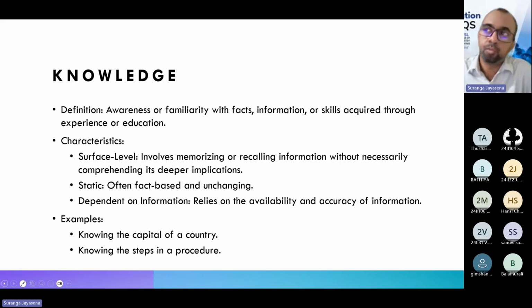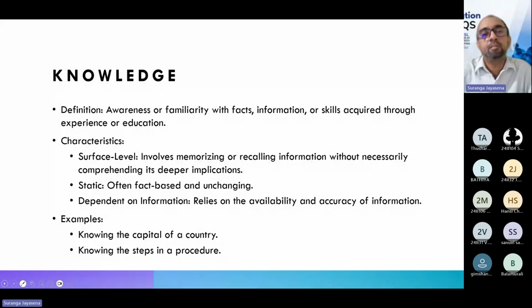Okay, so a simple definition of knowledge is that it is the awareness, being aware or being familiar with various facts, like the radius of the earth, right? That's a fact. Or information, say, what are the requirements to complete HND? What is the pass mark of assignments?